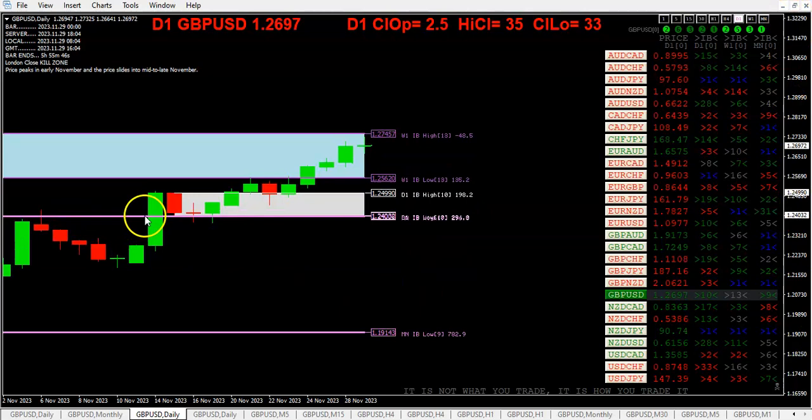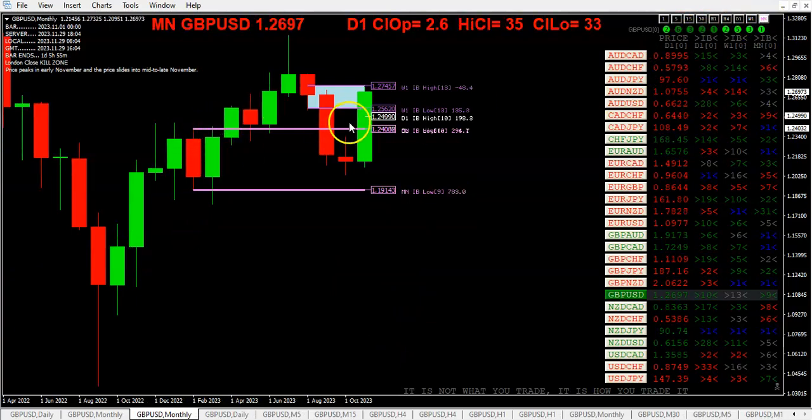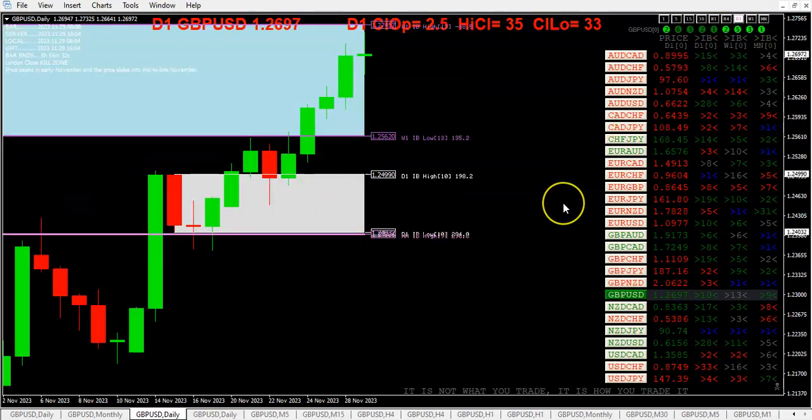And we broke out of that monthly inside bar from 9 months ago. Put this right here, you can see we came right through it this month. So once again, those horizontal lines can prove to be profitable if you trade them properly. And it looks like we've got some inside bar action, a lot on the monthly.